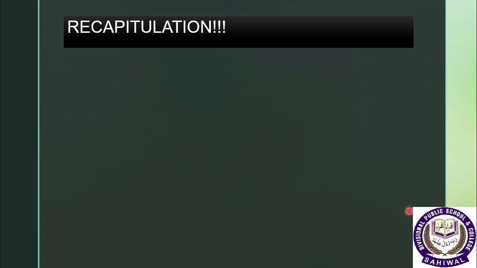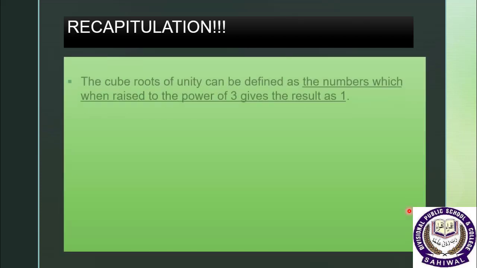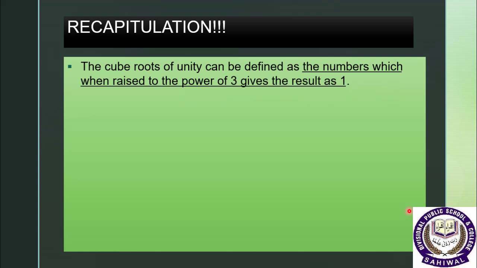Let's recall the important points we have discussed in today's lecture. The first thing we discussed was the cube roots of unity, which are defined as the numbers which when raised to the power of 3 give the result 1.